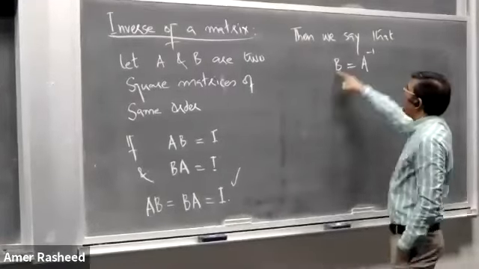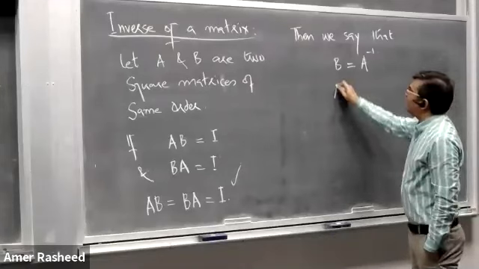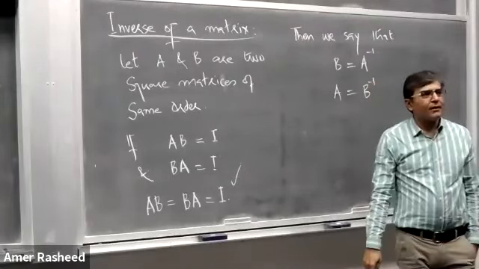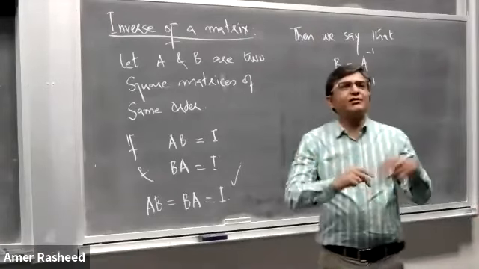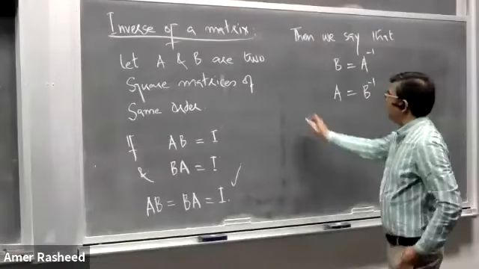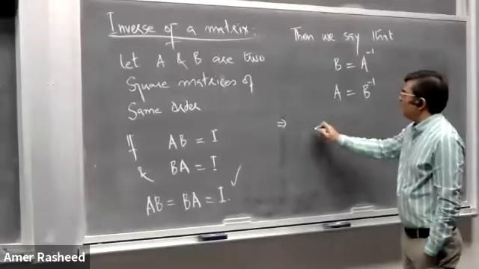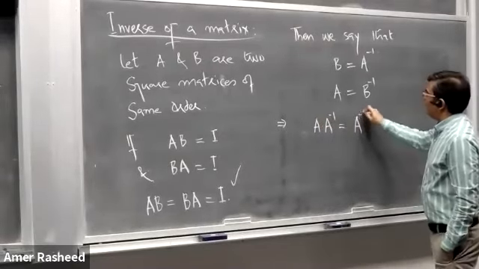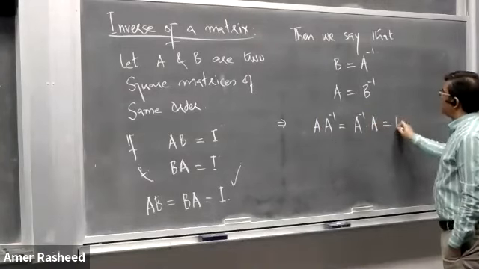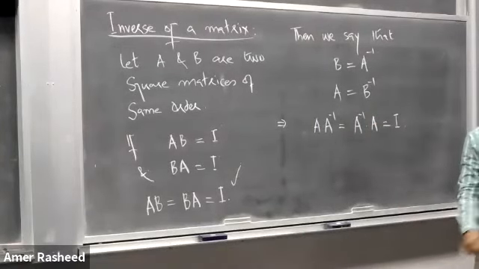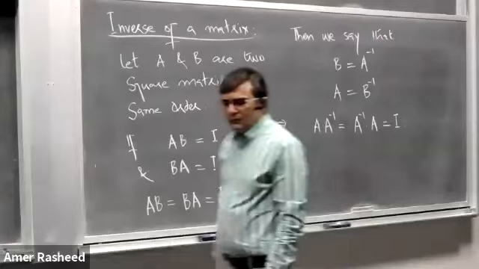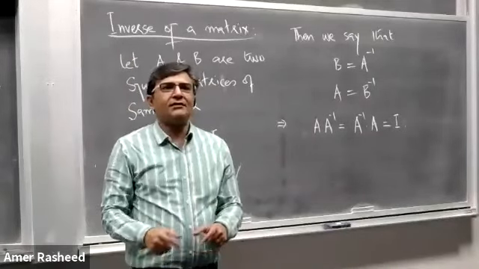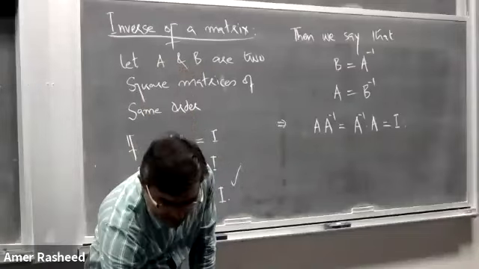It's not only that B is the inverse of A. You can say that A is the inverse of B as well. So ultimately, we can write that A into A inverse and A inverse into A is always the identity matrix. If we multiply any matrix with its inverse, then we must get the identity matrix.